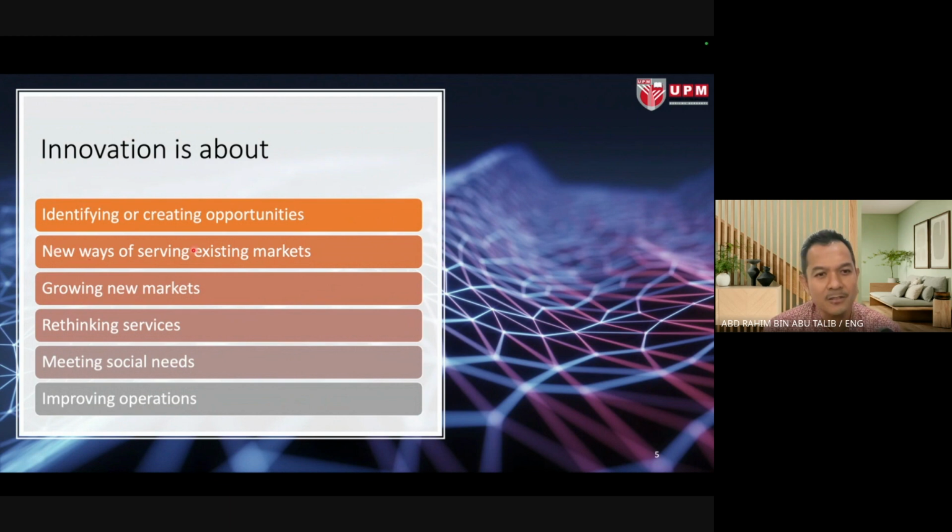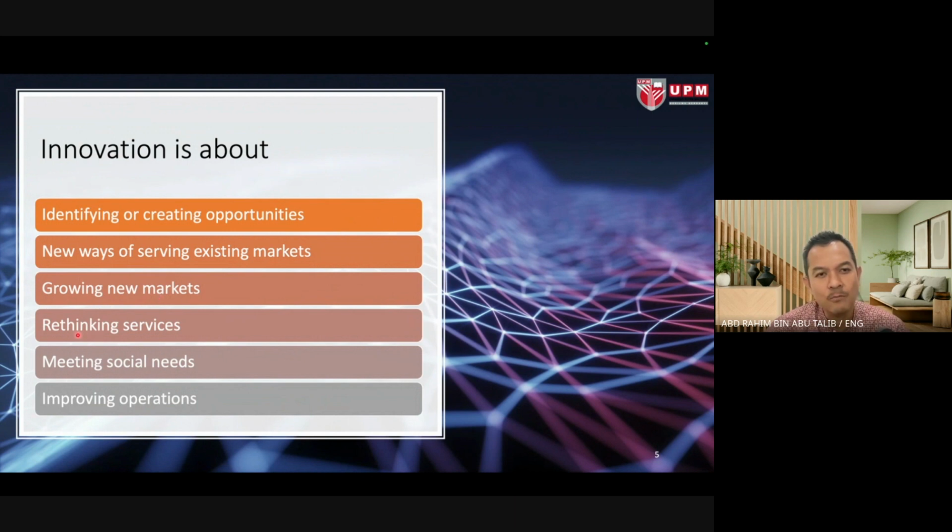This is just to highlight the potential definitions of innovation. It can be new ways of serving existing markets, and innovation can also be called growing new markets. When you say innovation, you are basically growing new markets on top of the existing market, right?